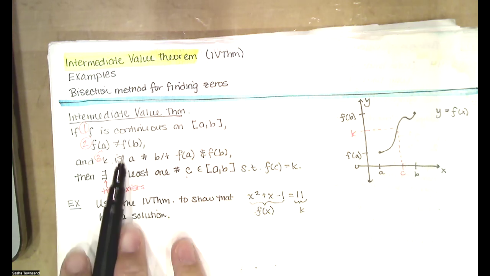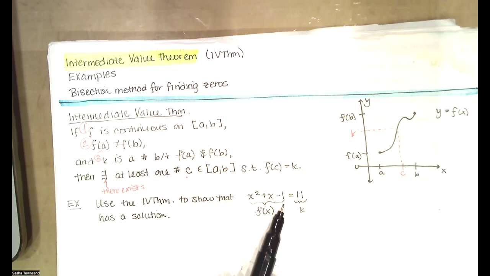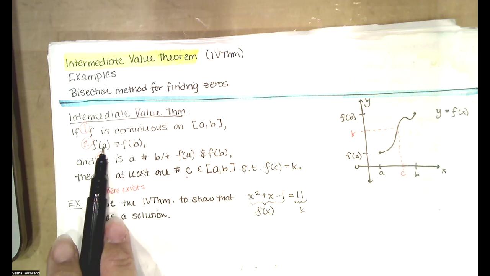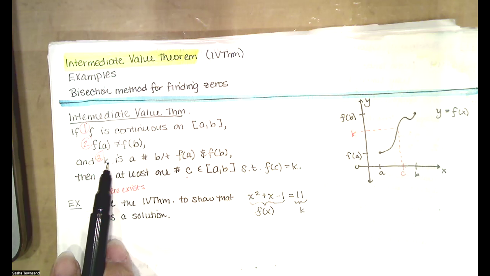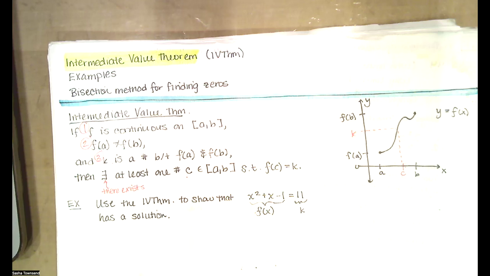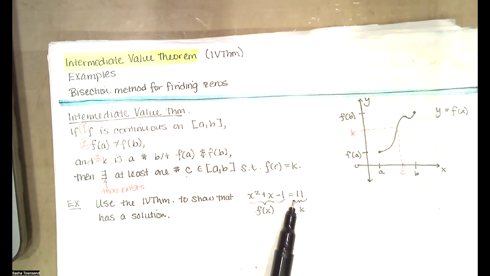And we just have to verify for ourselves that f is continuous on the interval of interest, that f of a and f of b are not the same, and that k is some number between f of a and f of b. Now, we're not actually given an interval in this particular problem statement, so we have to come up with an interval ourselves. But our goal is just to choose an a and choose a b so that f of a and f of b are on either side of k equals 11.